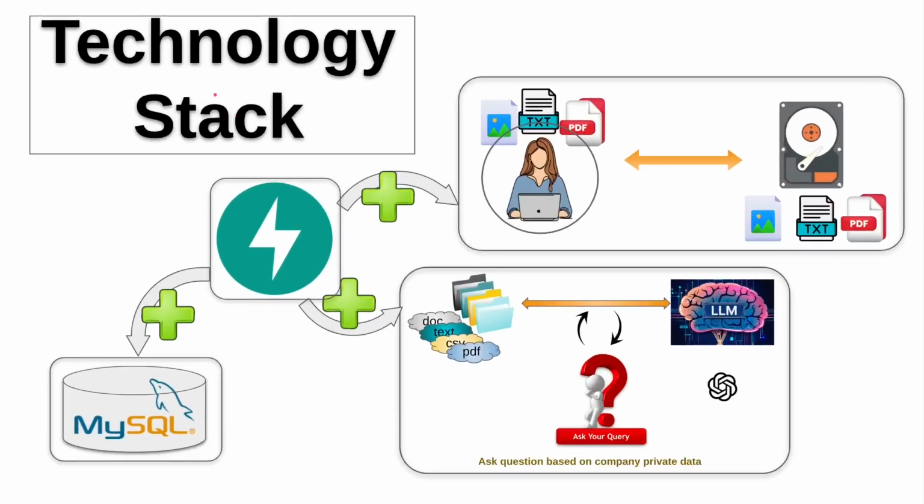Now let's see which technology we are going to use to create this project. We will obviously use FastAPI, and we will use file storage to upload and delete any documents. Then we will use our RAG system.